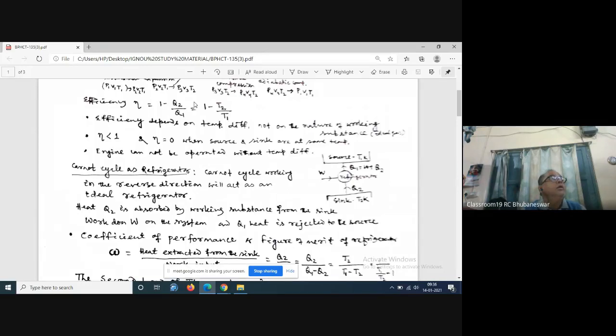Why? We can mathematically think about it, because when we lower the temperature of a substance or of the system, you can make the temperature 0, not negative.